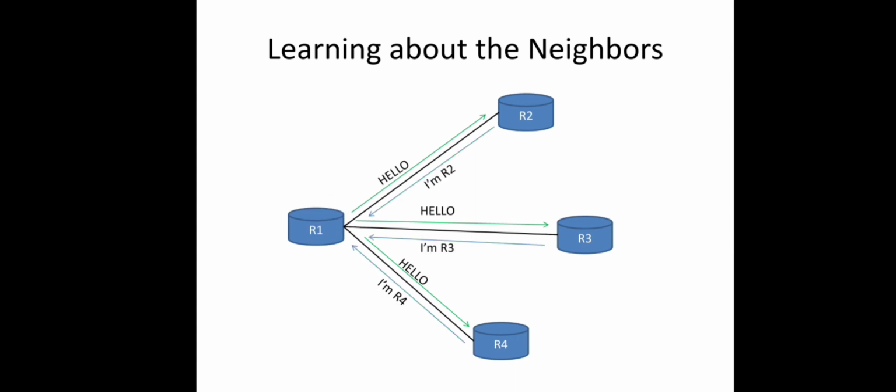Upon receiving this hello packet, the routers on the other end of the wire will reply back revealing their ID. So the address of the router will be sent as a reply for this hello packet. So all these neighbors will reveal their ID. Of course, this ID should be globally unique, right? Then only the sender can differentiate its neighbors.